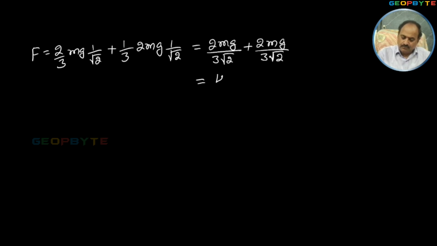Simplifying, we get 2mg by 3 root 2 plus 2mg by 3 root 2. So finally it is equal to 4mg by 3 root 2. That is the frictional force.